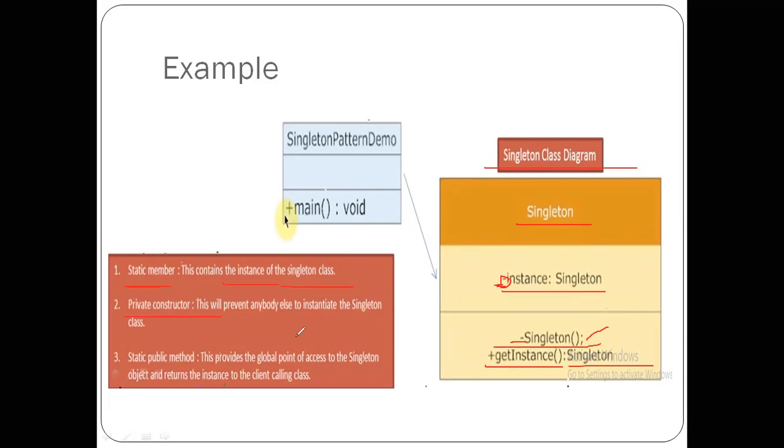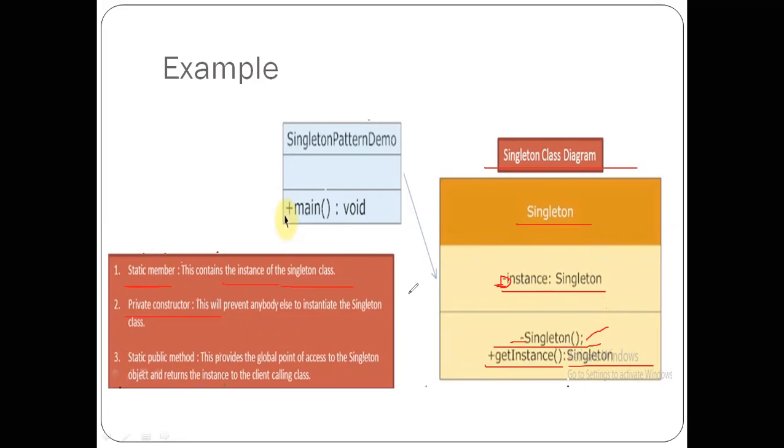Nobody can use this constructor, whatever constructor we have created here. It has private accessibility, which means only this singleton class is going to access these values. No other classes can access this constructor data or values here.